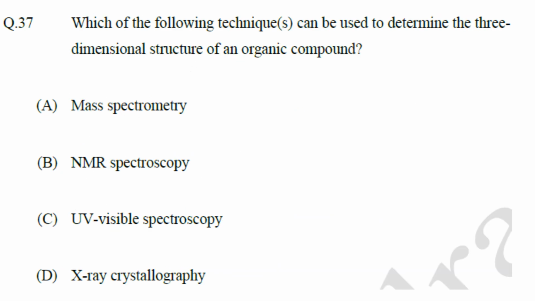Then which of the following techniques can be used to determine the three-dimensional structure of an organic compound? Mass spectrometry cannot be used. NMR can be used. UV visible spectroscopy, no. X-ray crystallography can be used for determining three-dimensional structure of organic compounds.